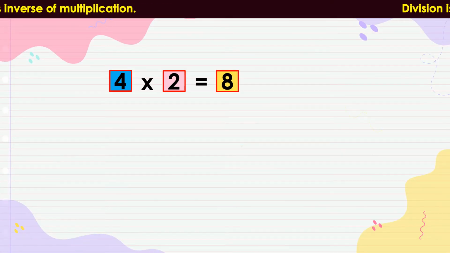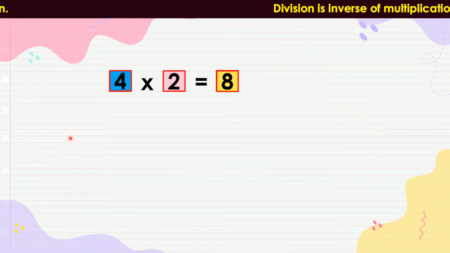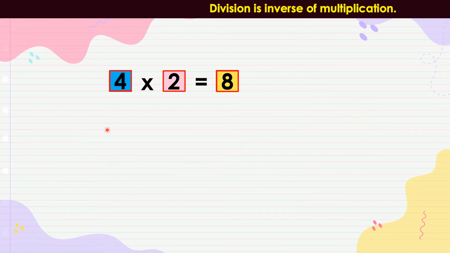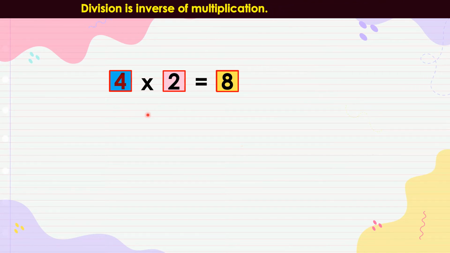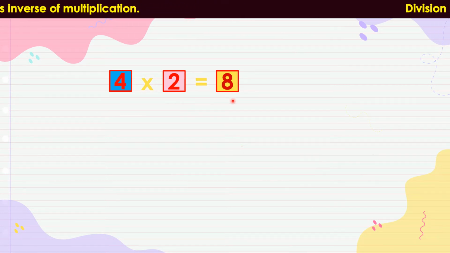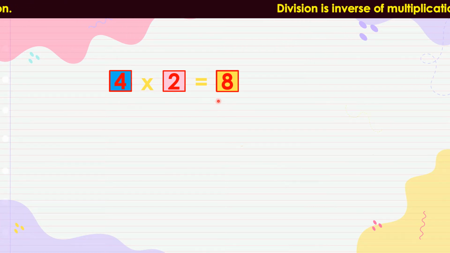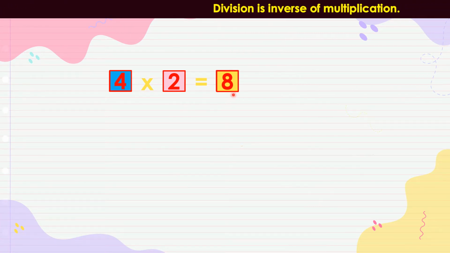Before we see how division is inverse of multiplication, first let's see how multiplication is inverse of division. 4 times 2 is equal to 8. 4 and 2 are smaller numbers and the largest number is 8.